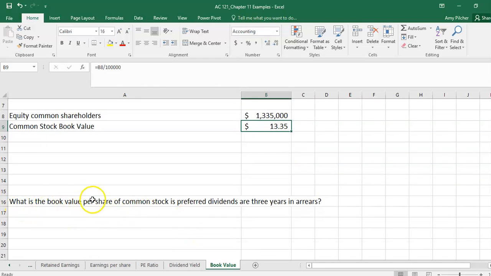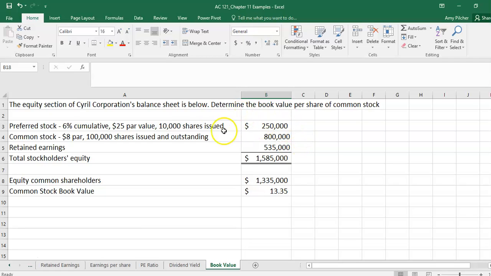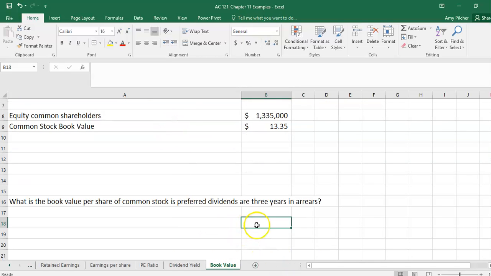Then it's asked, what is the book value per share of common stock if preferred dividends are 3 years in arrears? Well, in addition to the preferred amount, we would also have to remove those cumulative dividends in arrears. We have $25 par value, 6% dividend, and 10,000 shares. So $25 times 6% times 10,000 shares. So we have an annual dividend of $15,000.